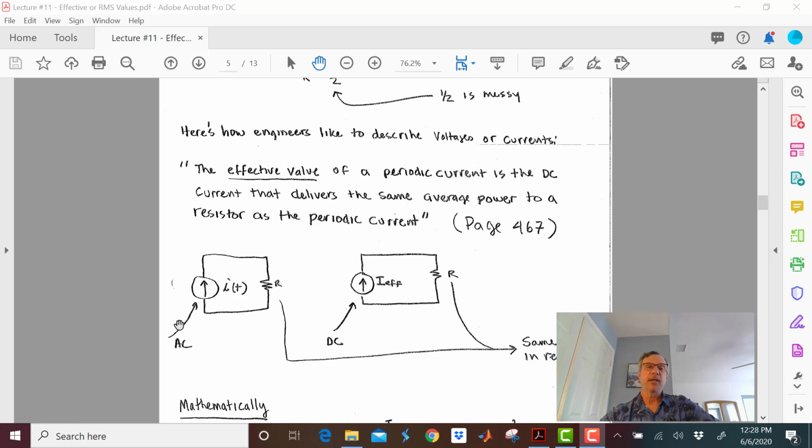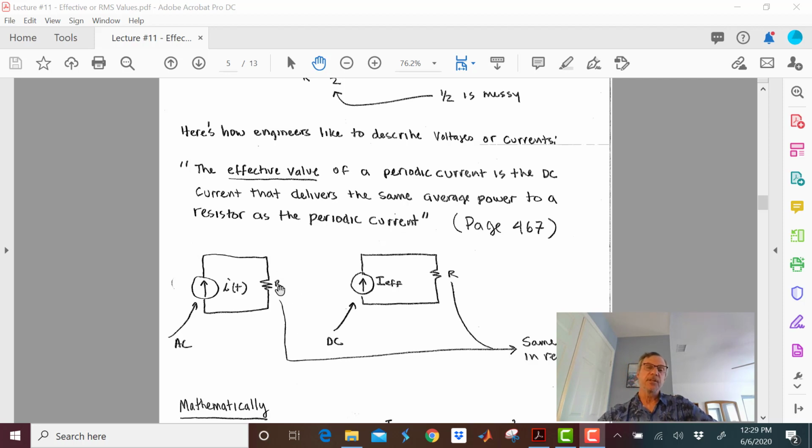But so here is my AC periodic current, and it's going into a resistor. And so here is a DC source. It's a DC current source, and it's also going into the exact same resistance.